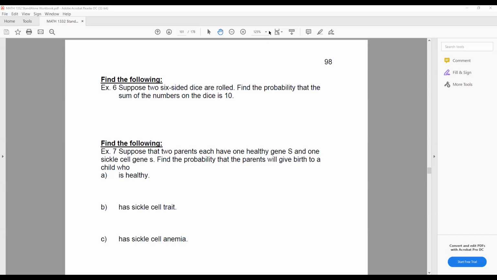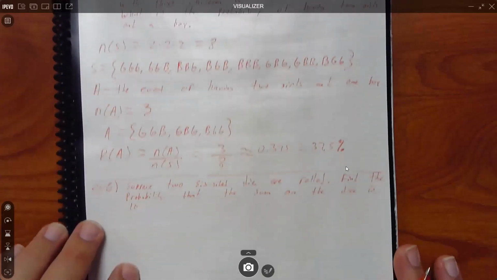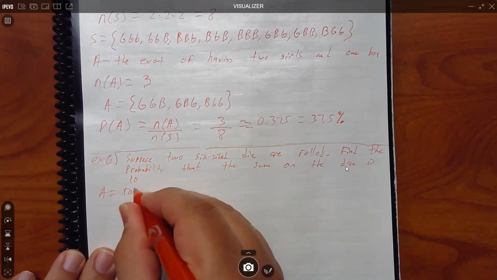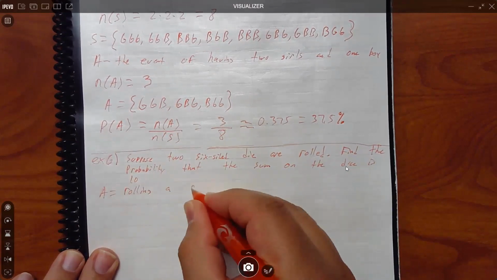Okay, so let me switch back here. So let's call the event A rolling a sum of 10.